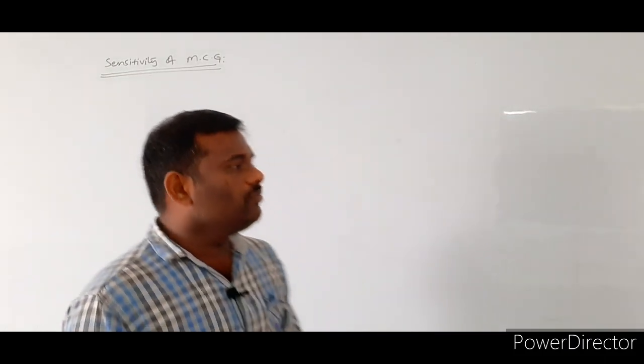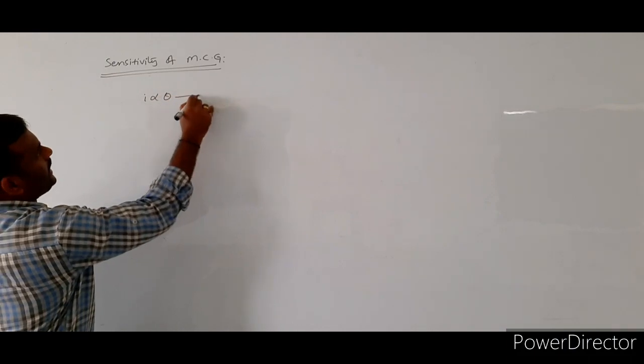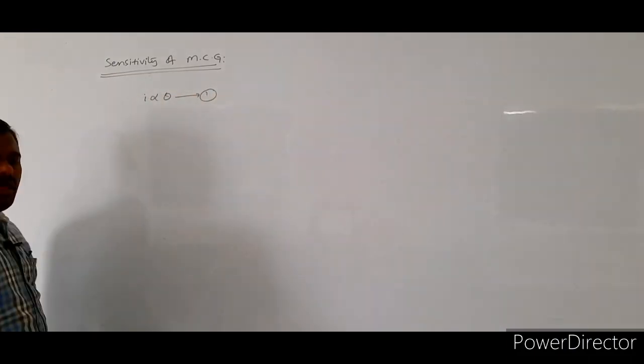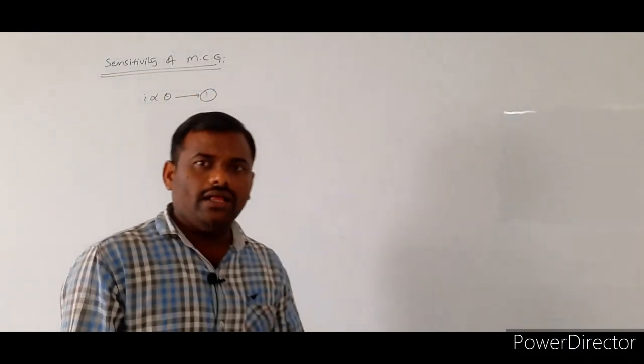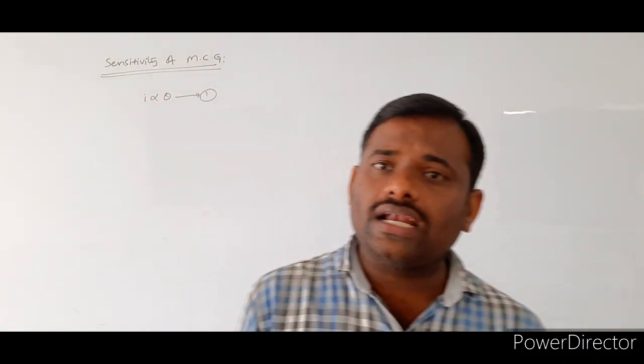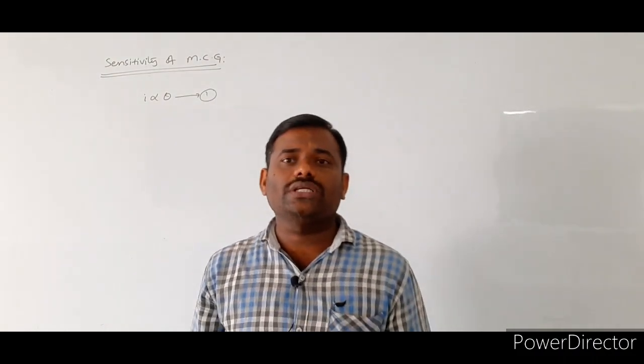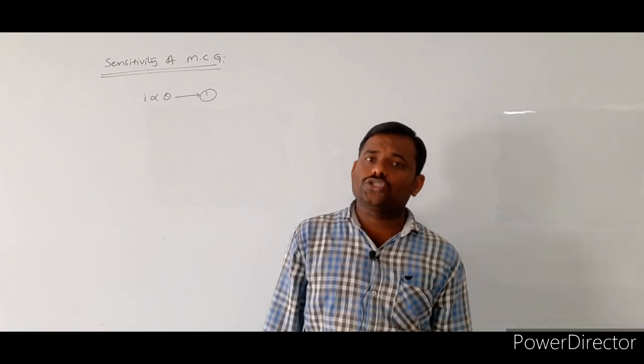In the case of the moving coil galvanometer, what result did you get? I is directly proportional to theta. If we increase the current value, the deflection produced within the galvanometer also increases.